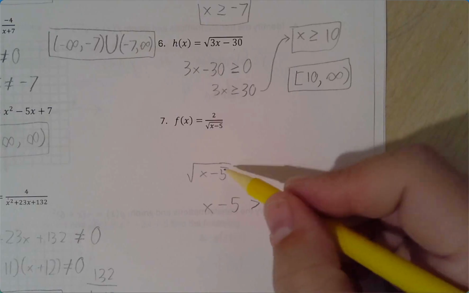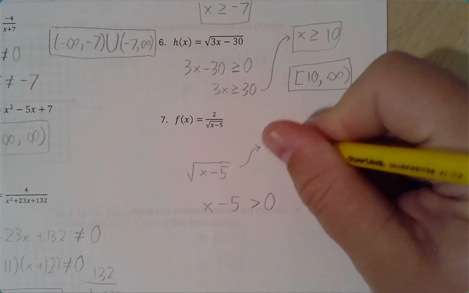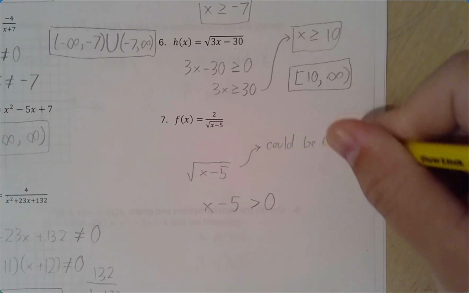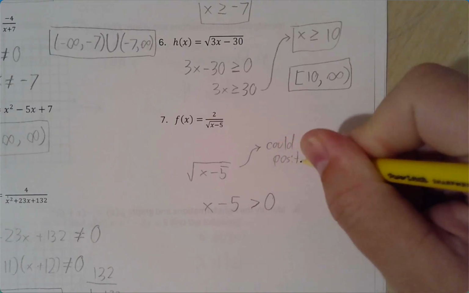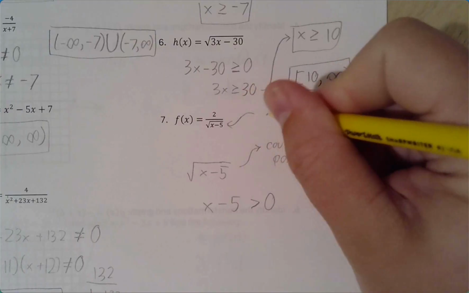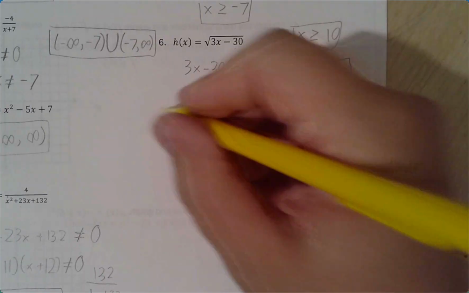Again, I hope you catch that argument, that the square root, maybe we'll just say it like this, could be 0 or positive, but we're saying this can't be 0.